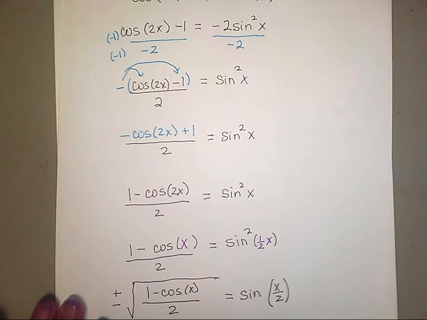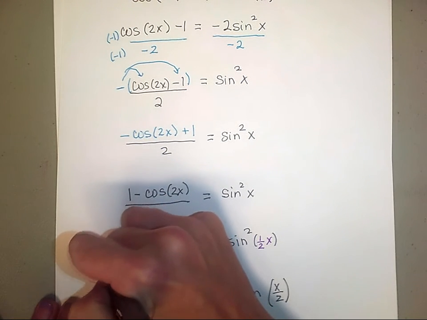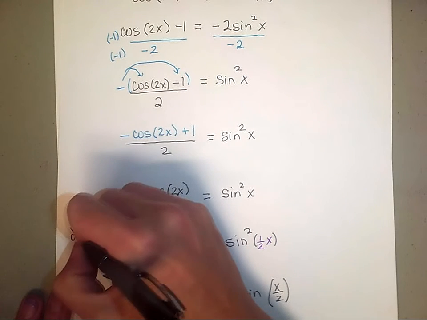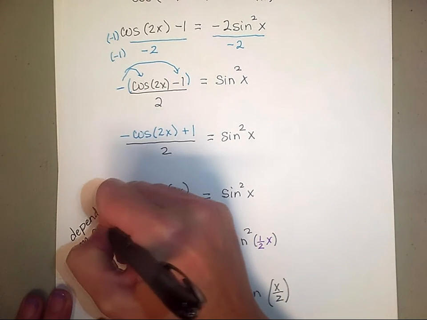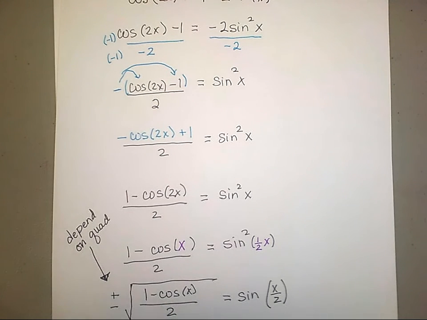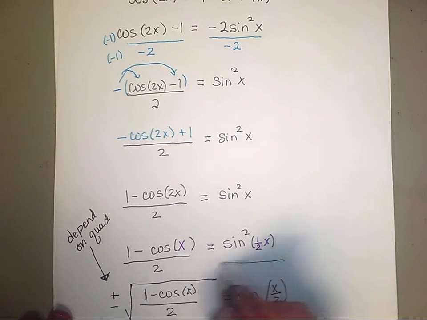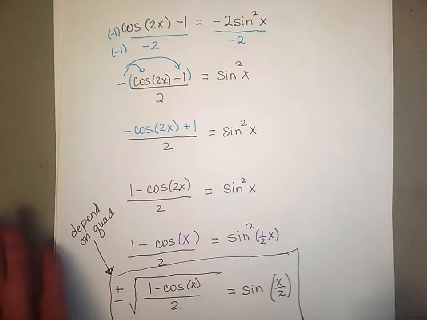We will leave the plus or minus in this case because what sign we pick will depend on which quadrant we're in. So we will keep the plus and minus for that sake. So this is the sine half angle formula. We'll need to know that one.